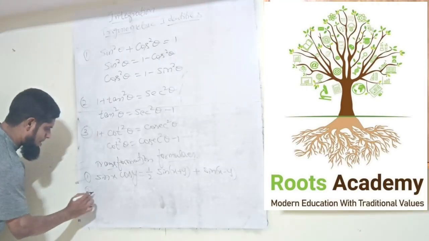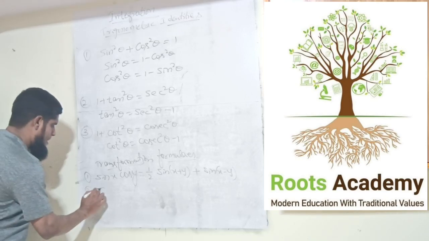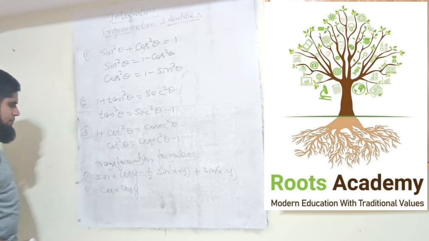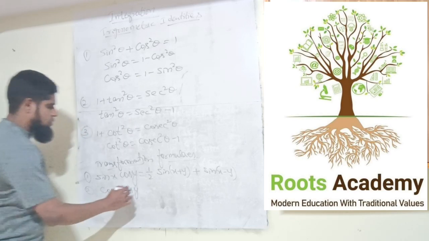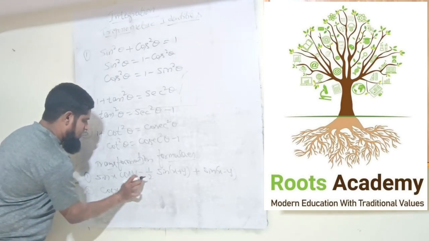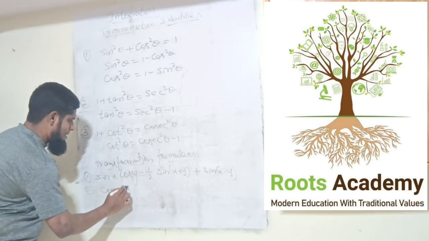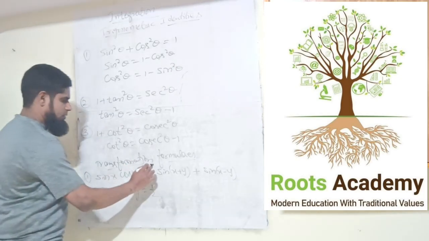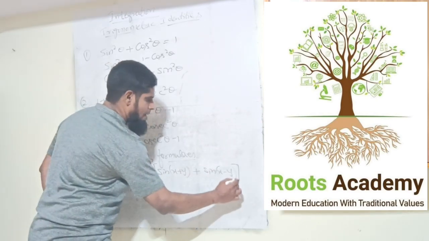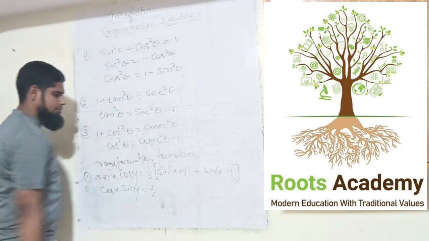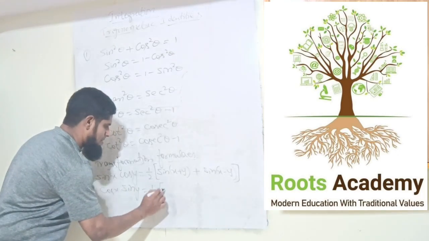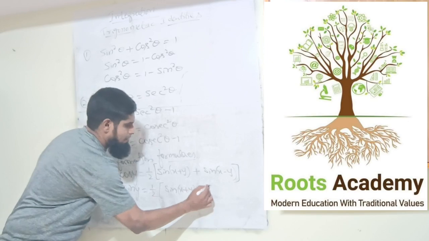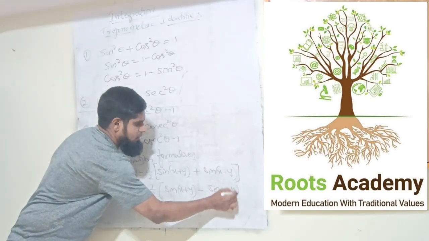Then second, cos x sin y is equal to half, with a bracket after half because half multiplies both the terms, half into sin of x plus y minus sin of x minus y.